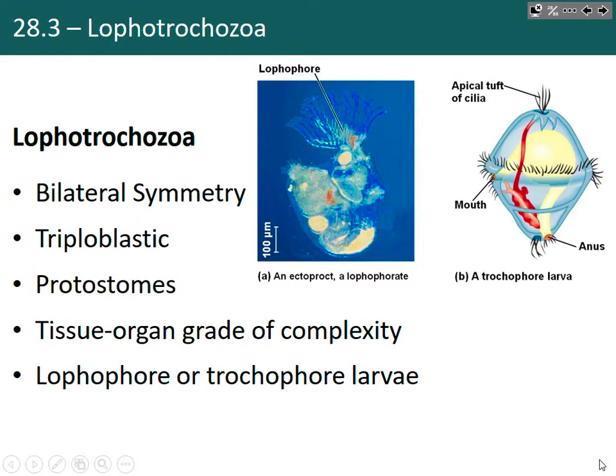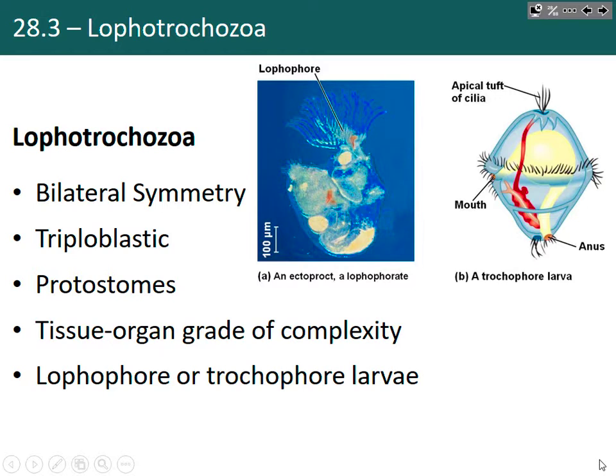So the term Lophotrochozoa, that overarching theme, is referring to the type of larva that these organisms have. And so this little larva here is a lophophore larva, and this larva over here is a trochophore larva.